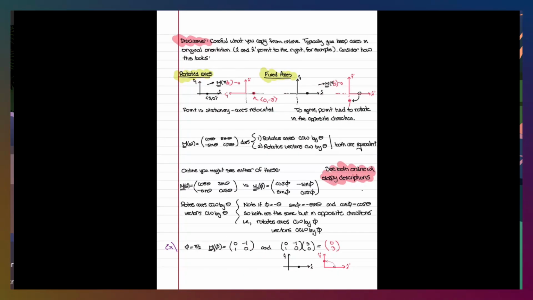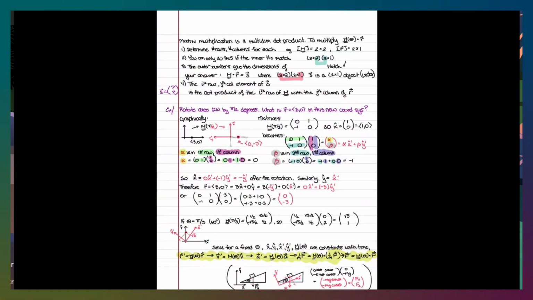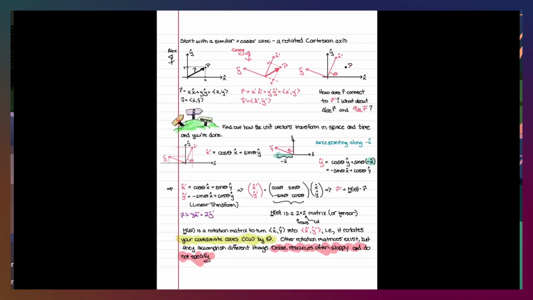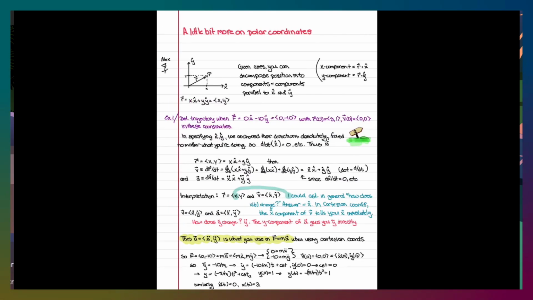Where before, that acceleration was pretty simple. Gosh, it's longer than I realized. Where is the acceleration? There we go. In Cartesian, it was pretty simple. X double dot, y double dot.